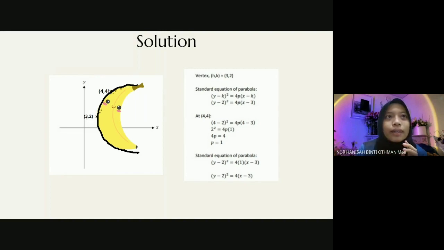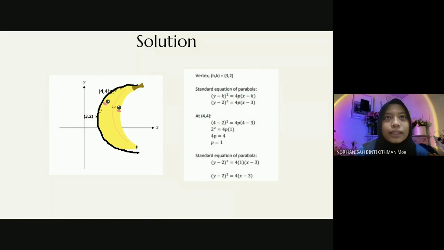I draw a banana here because it is easy to think about, an example that we always see in real life. Imagine a banana here, and you can sketch the graph like this, but don't draw the banana. The vertex is (3, 2) and it passes through (4, 4).